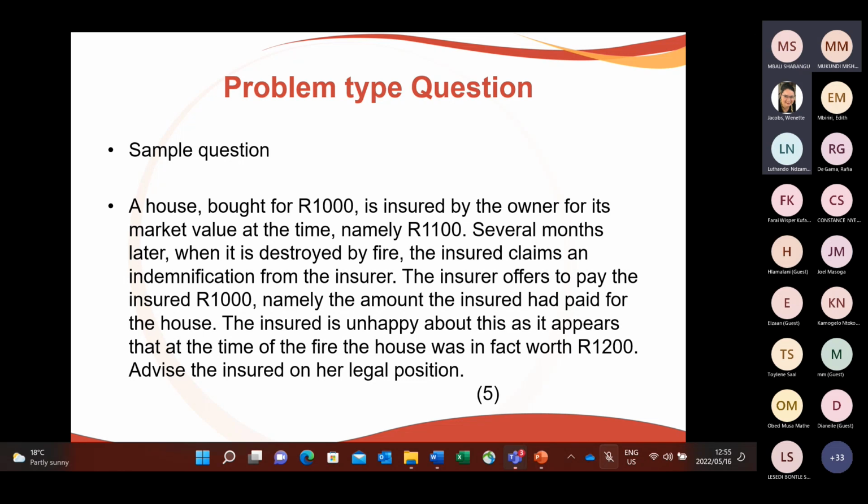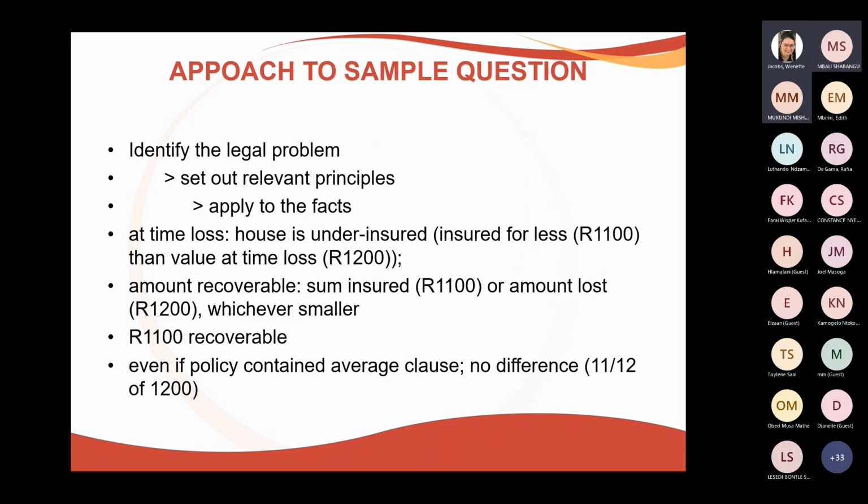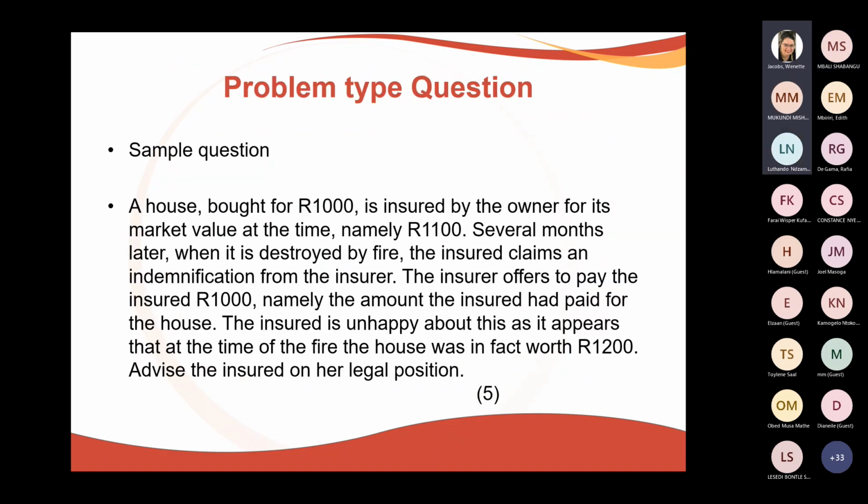Okay, so a house bought for 1,000 rand, sorry, can we just go back, is insured by the owner for its market value at the time, namely 1,100 rand. Several months later, it's destroyed by fire and the insured claims an indemnification from the insurer.